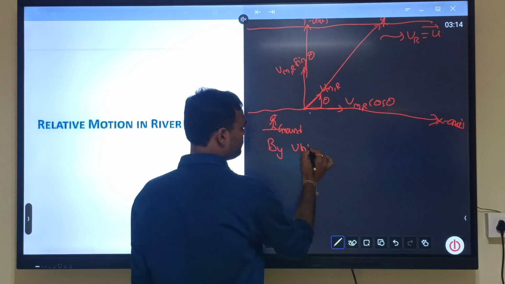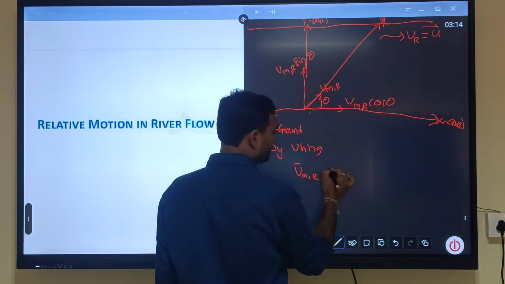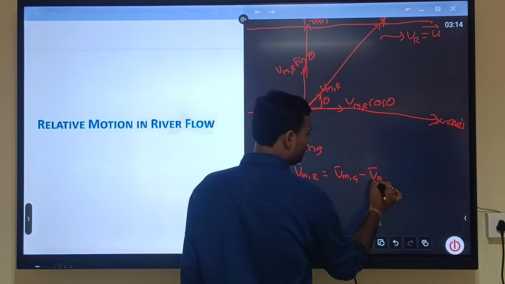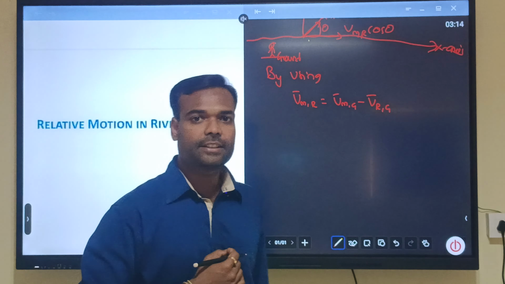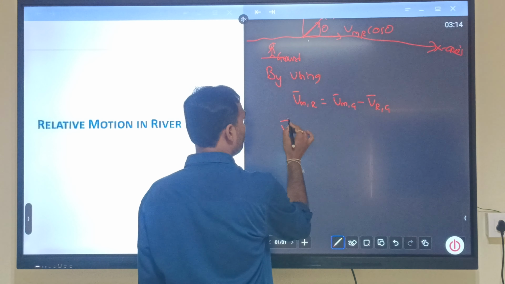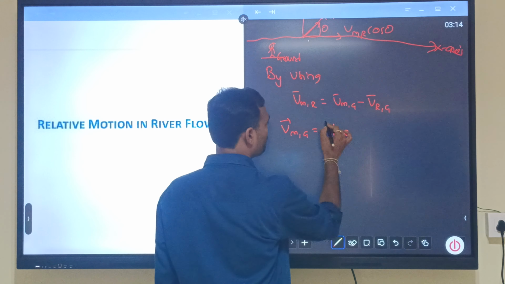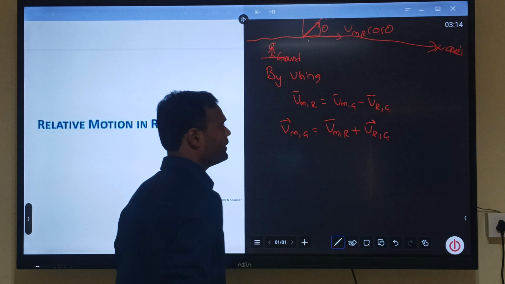Velocity of man with respect to river is equal to velocity of man with respect to ground minus velocity of river with respect to ground. But what we need here is velocity of man with respect to ground. So velocity of man with respect to ground is equal to velocity of man with respect to river plus velocity of river with respect to ground.